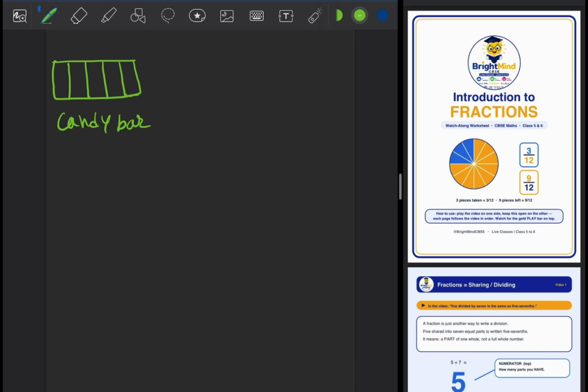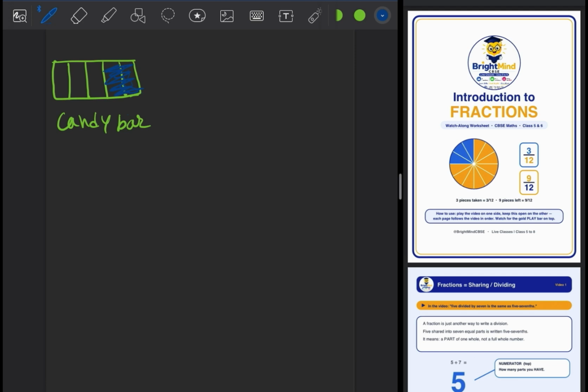Let's assume that these are equal pieces. Okay, so let's fill these 2 pieces of candy with lines. So I will fill these 2 pieces of candy bar with lines here. This is blue lines. Okay, so well, I have a total of 5 pieces of candy and I have 2 pieces of candy. So let's assume this lined piece of candy I have eaten.